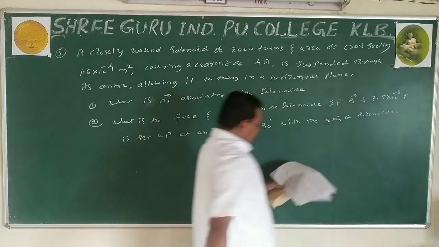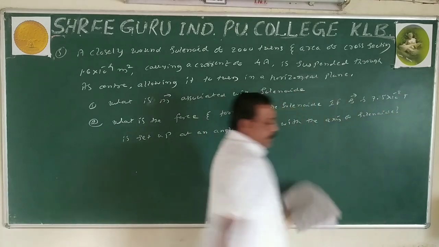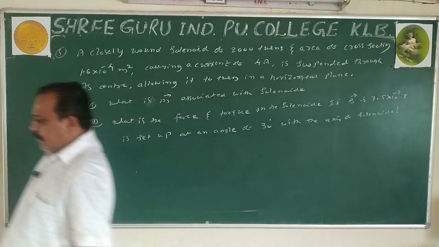Now this is our problem. एक बार अच्छी तरह से पढ़ लो. डायरेक्ट फार्मूला है. Magnetic dipole moment of the solenoid.